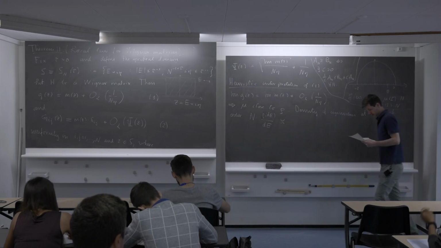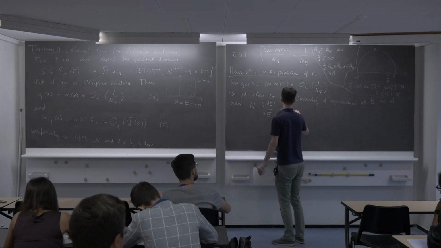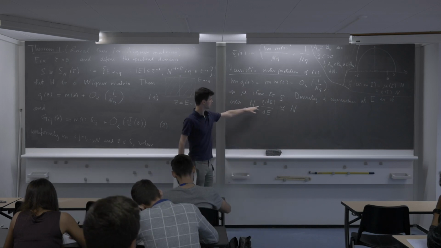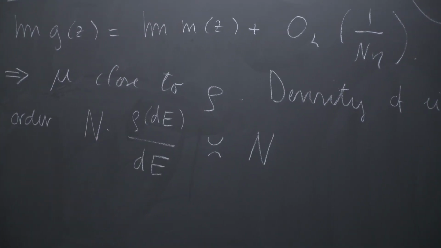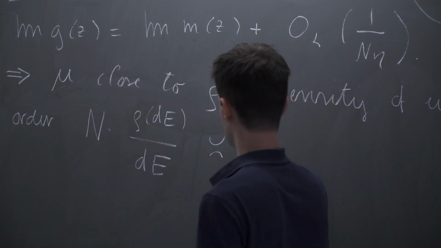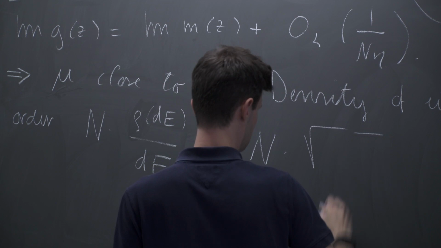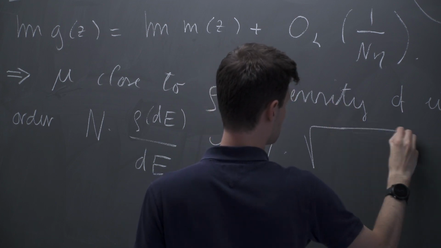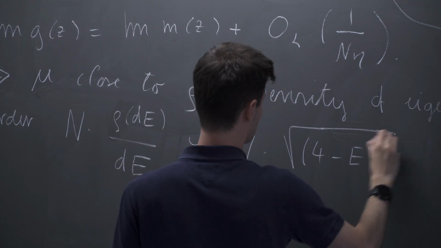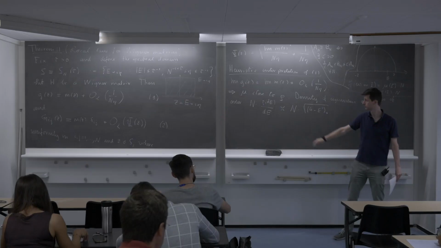This is the notation I use, and now you can just look at the definition of this density rho. It has a nice continuous density, and I ignore factors of 2 pi, which go in here.